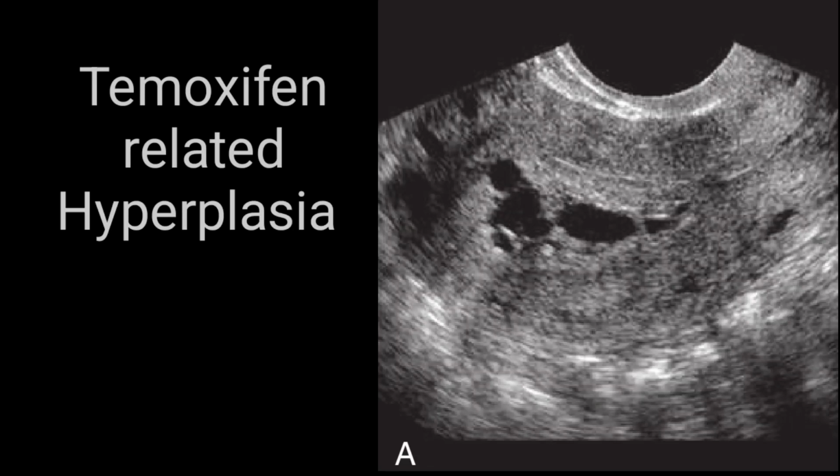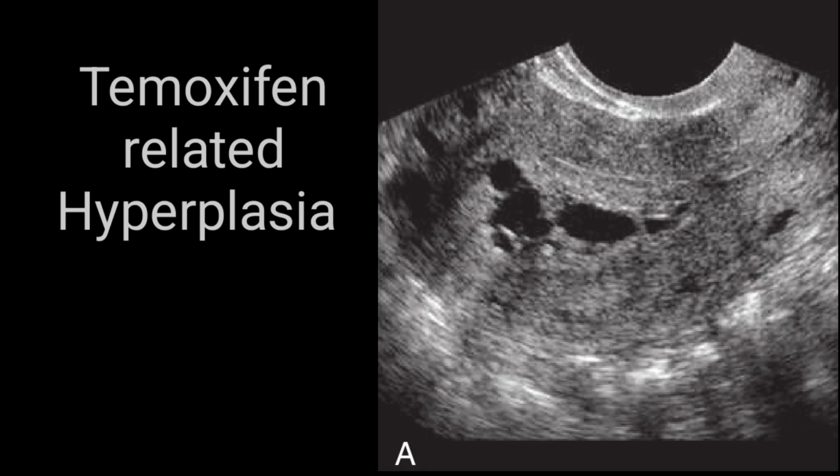Therefore in patients who are being treated with breast cancer drugs, you must always look for endometrial abnormalities, because of endometrial hyperplasia, especially in this cystic form, there will be a thick cystic endometrium. That would be because of hyperplasia, and that is a reaction to the tamoxifen.